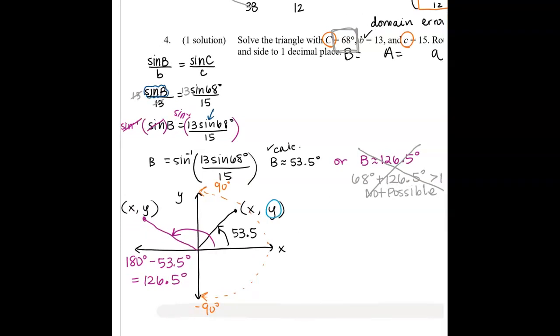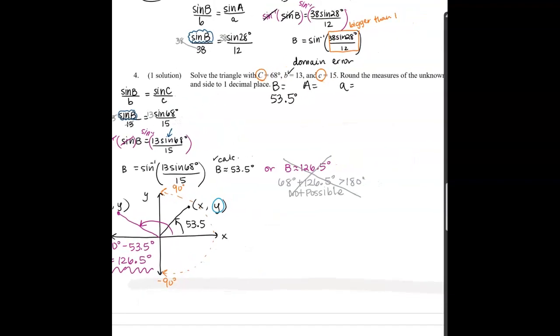We then had to go and explore to find that 126.5. When we find it, we say, okay, that is not possible. So we proceed with the only option for capital B being 53.5 degrees.